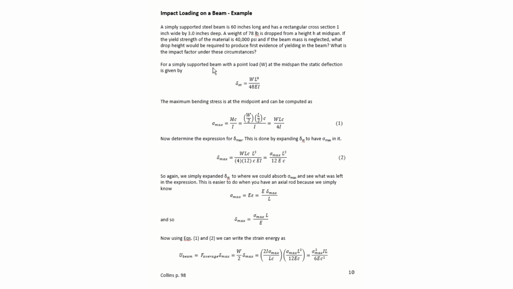For a simply supported beam with a point load at the midspan, the static deflection is given by WL cubed over 48EI, where W is the point load. The maximum bending stress is at this midpoint and is computed by Mc over I, where M is force times distance, W over 2 times L over 2, so we get a maximum bending stress of WLc over 4I.